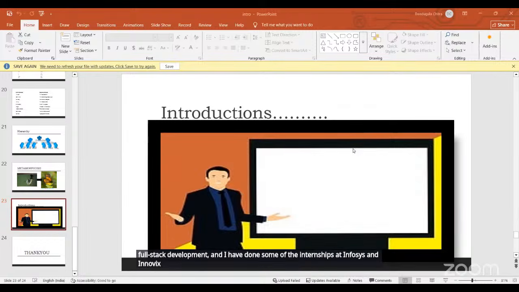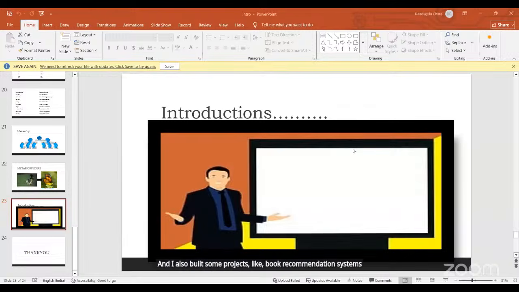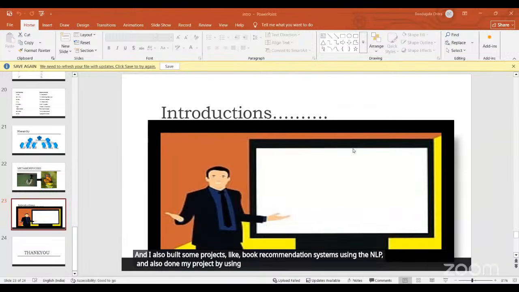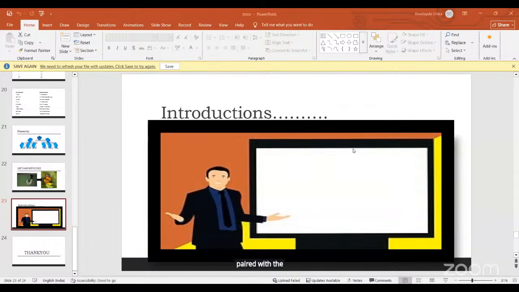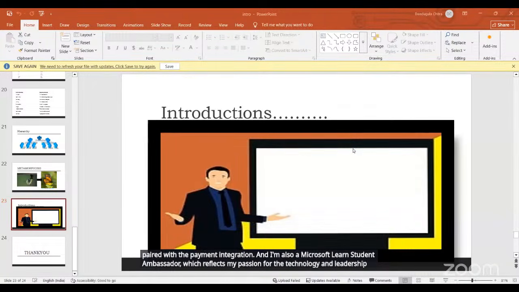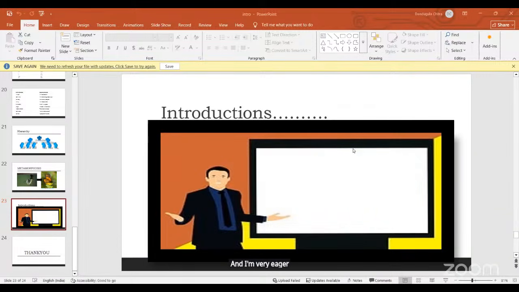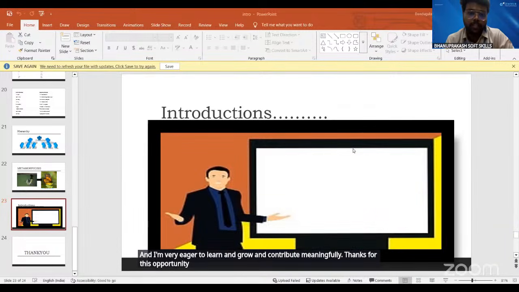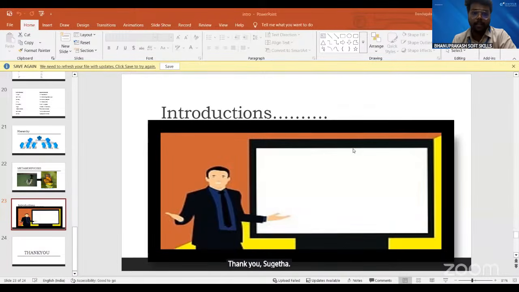I also built projects like a book recommendation system using NLP, and a full stack academic platform with payment integration. I'm also a Microsoft Learn Student Ambassador, which reflects my passion for technology and leadership. I'm very eager to learn and grow and contribute meaningfully. Thanks for this opportunity. Thank you, Sukirtan. Very well said.